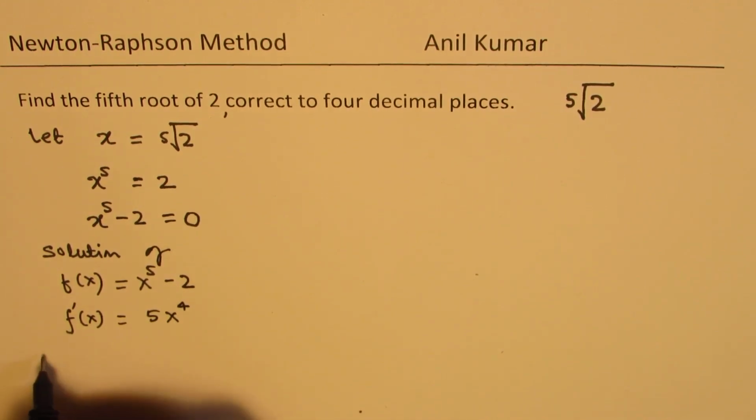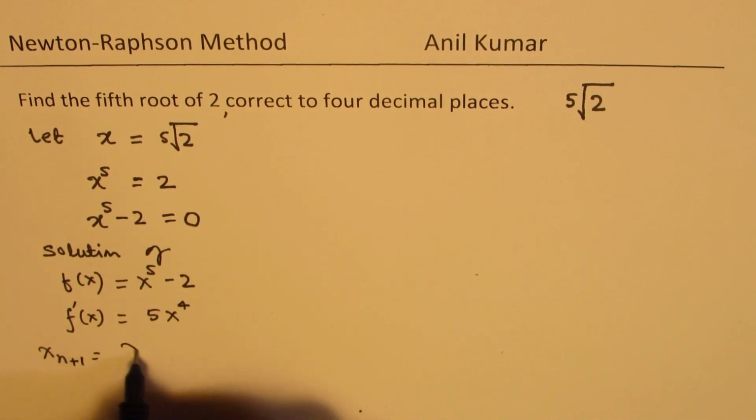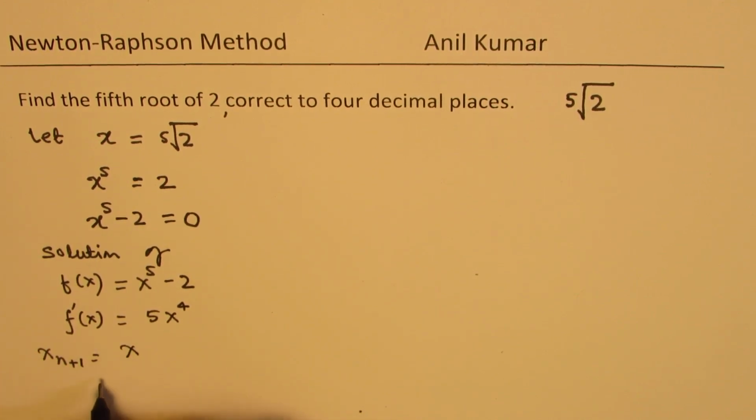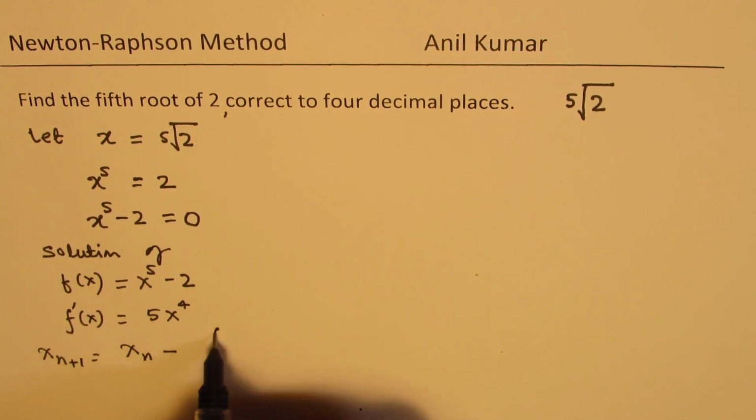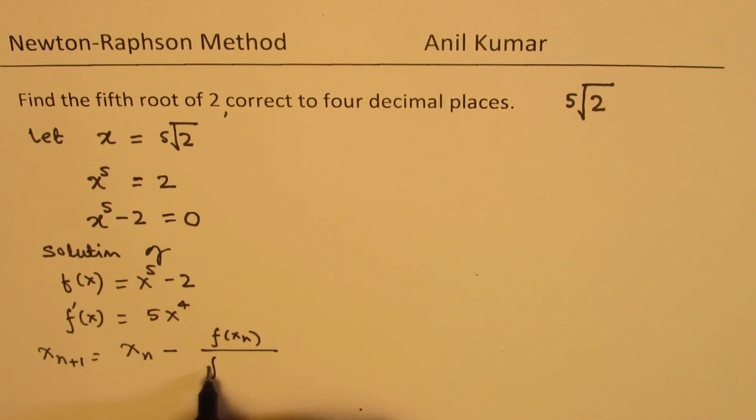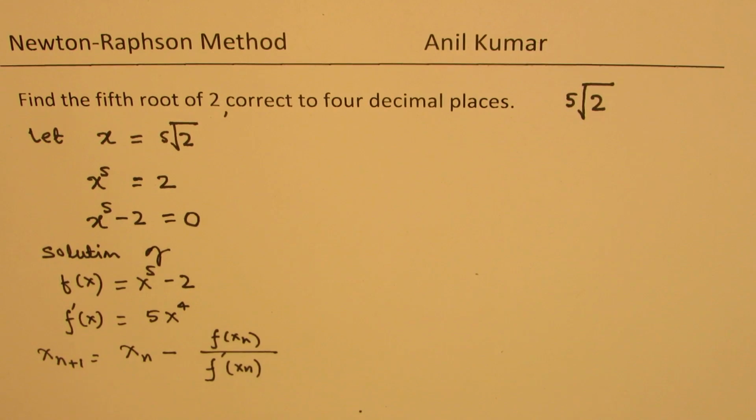And we know the formula is the iterative process where we get the next expected approximate root as the previous one minus the value of the function at n divided by the derivative of the function at n. That's the formula we need to use.